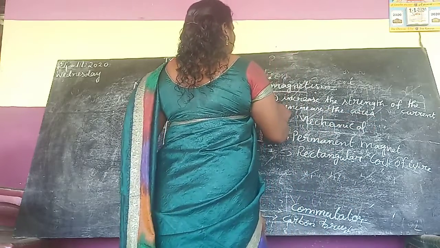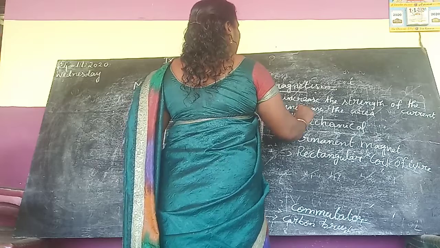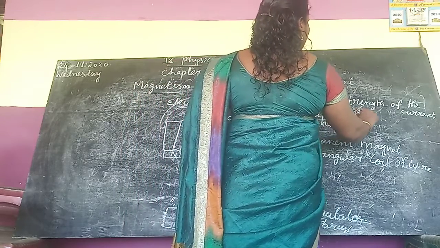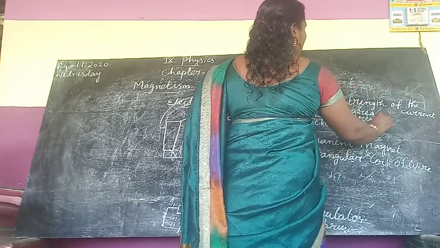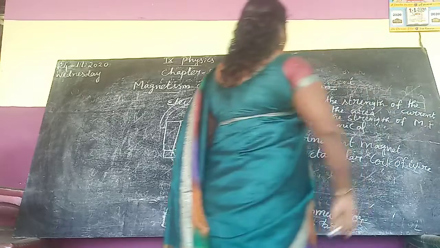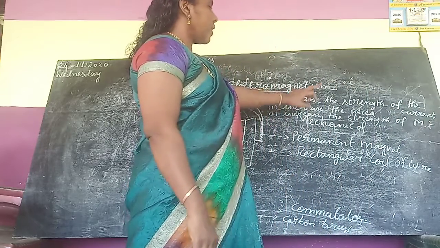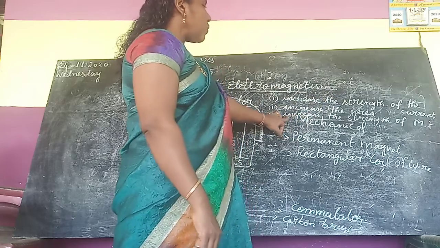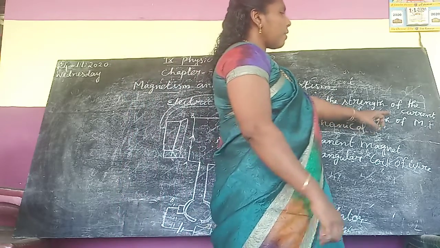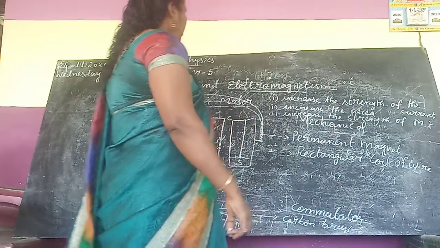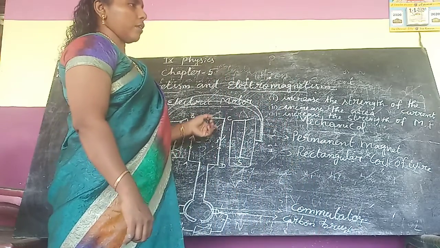Next one, increase the strength of the magnetic field. See, first increase the strength of the current, second increase the area of the coil, third increase the strength of the magnetic field. The next one is increase the number of turns of the coil.